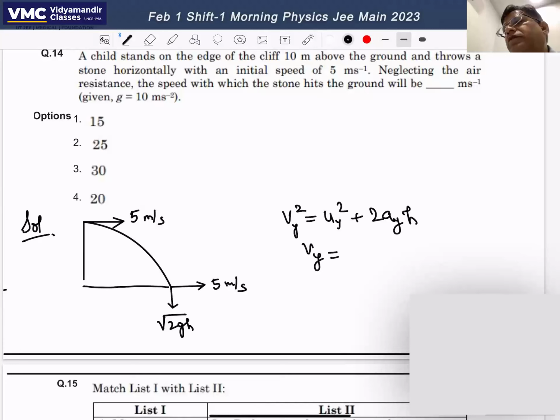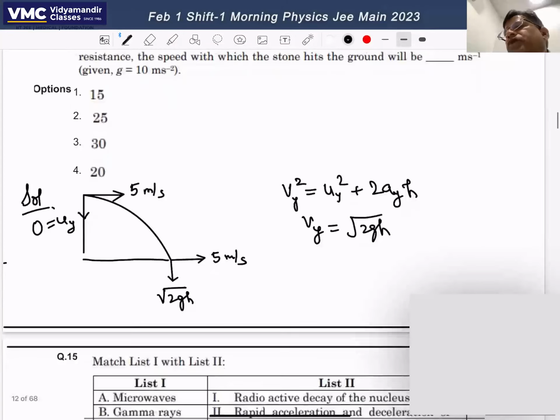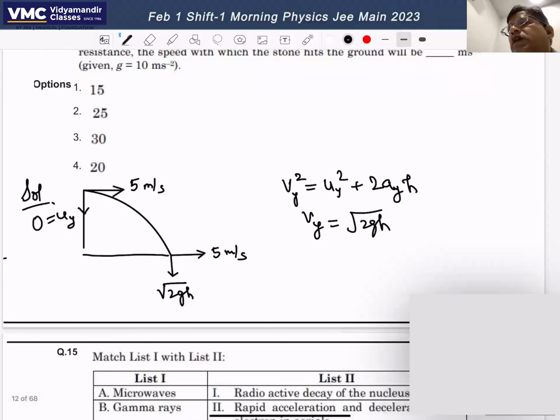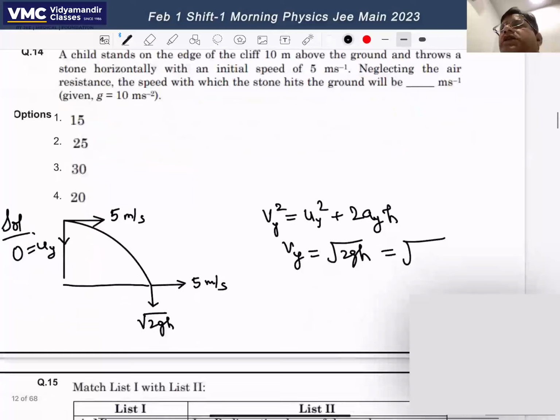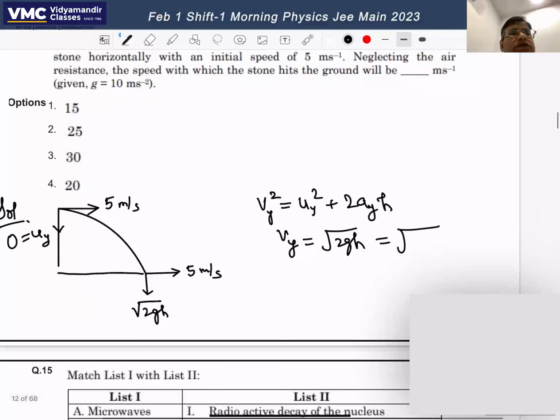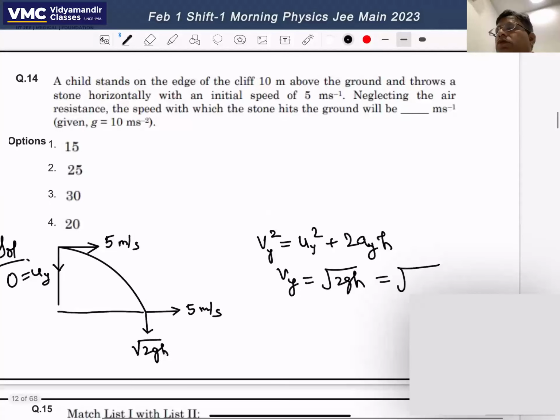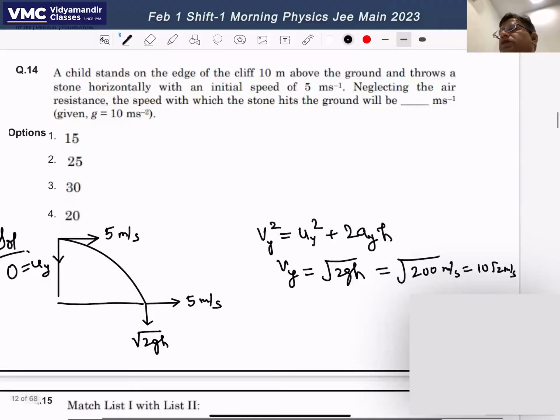From here, Vy will be under root 2gh as Uy is 0. So the initial velocity in the y direction is taken as 0. And its value, the height being given as 10 meters, comes out root 200 meters per second, that is 10 root 2 meters per second.